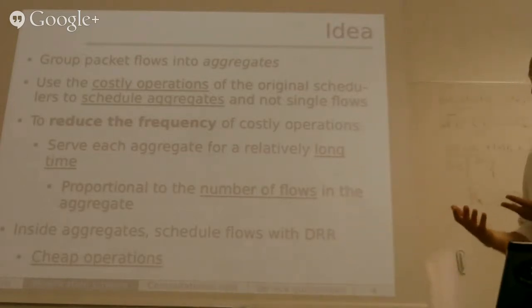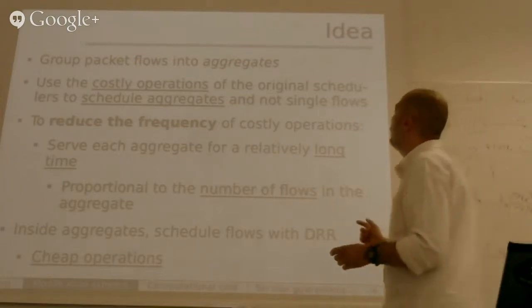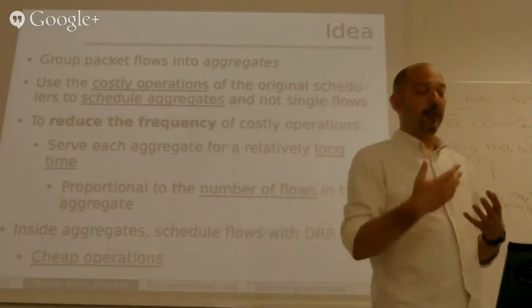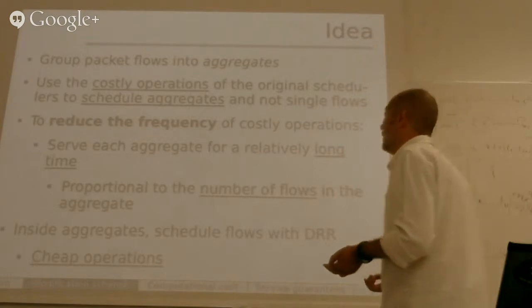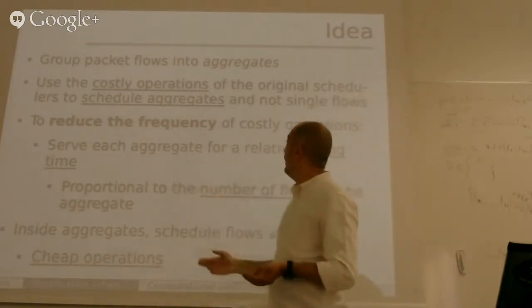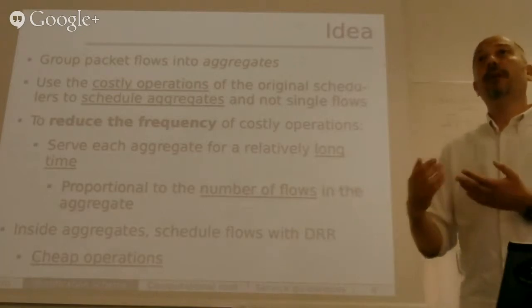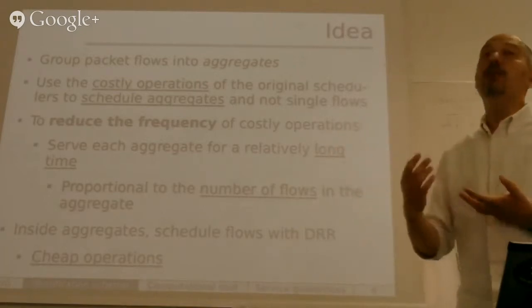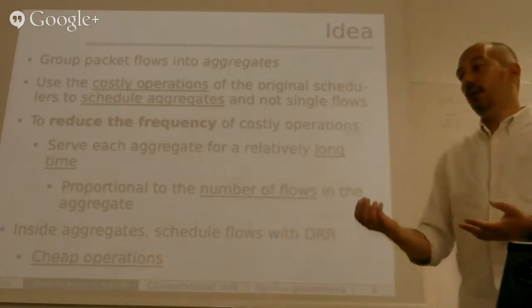So we moved these operations from flows to aggregates. The other step is performing these operations less frequently. How to achieve that? By just serving each aggregate for a relatively long time. So the frequency at which I execute an operation to decide the new aggregate to serve, and this is the costly operation, goes down.